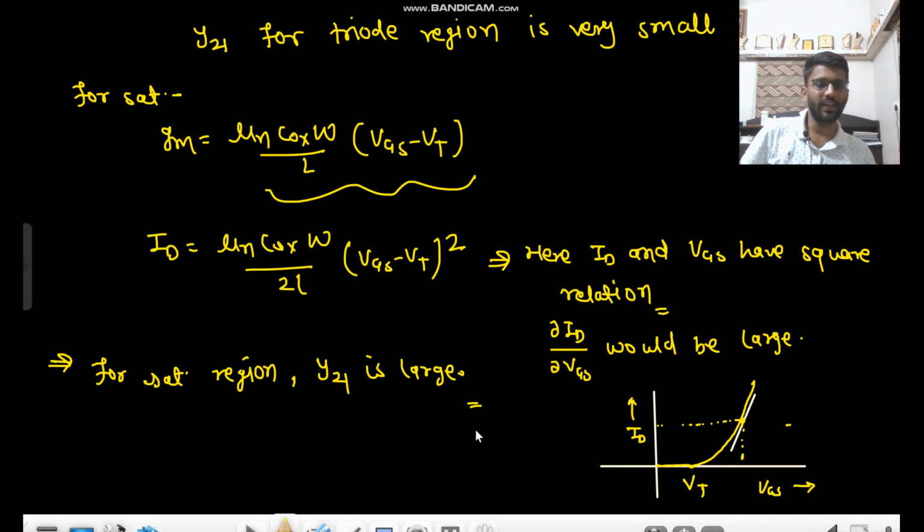In case of triode region you will say VDS is a very small value, that's why it is small. And in case of gm, if he asks you to explain why it is large, then you can say there is a square relation between ID and VGS. So if there is a square relation, then del ID upon del VGS would be large. So if that is there, then we will have more gain in case of saturation region.